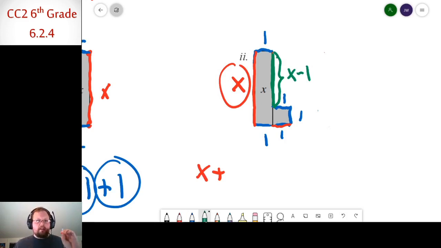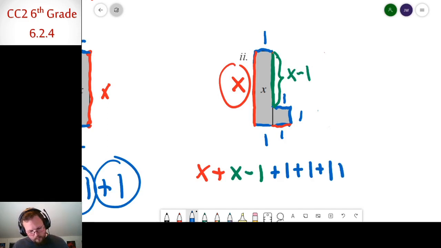You write it as X plus, and then you put the X minus 1 here. It means the same thing. It's just X. This length is X minus 1. Plus, then there's 1, 2, 3, 4, 5 ones.